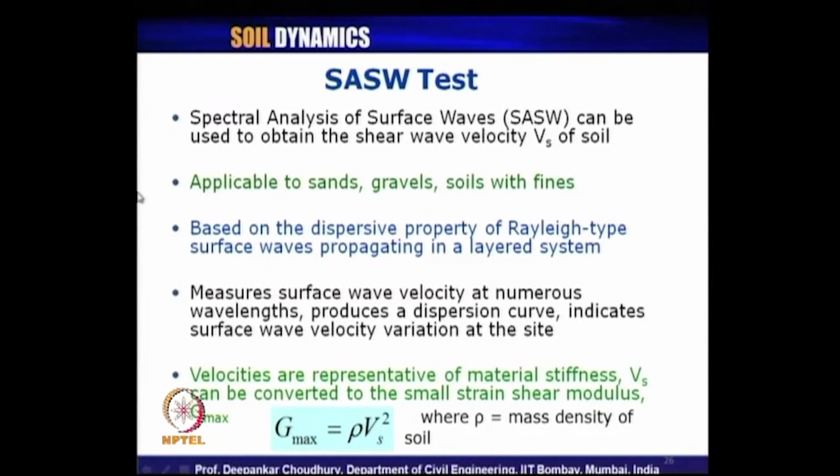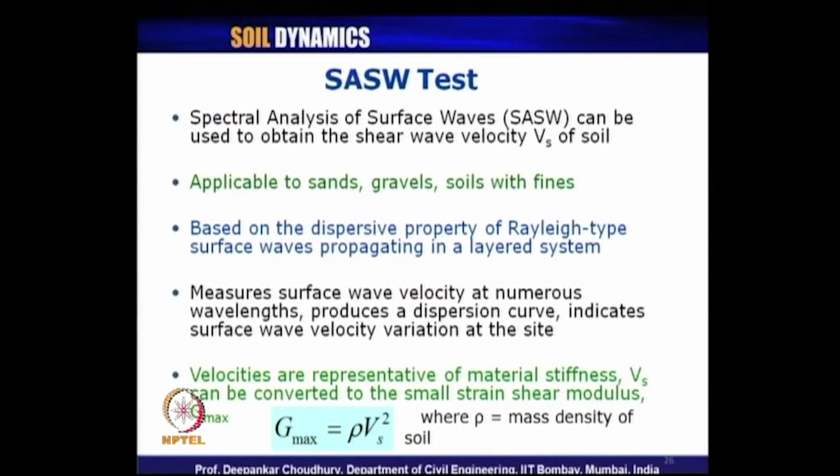By applying vibration at a very shallow depth of the soil, we are creating vibration and waves are getting generated, and they are traveling through the media. It can produce both body wave and surface wave. Surface wave will arrive first, like a direct wave.